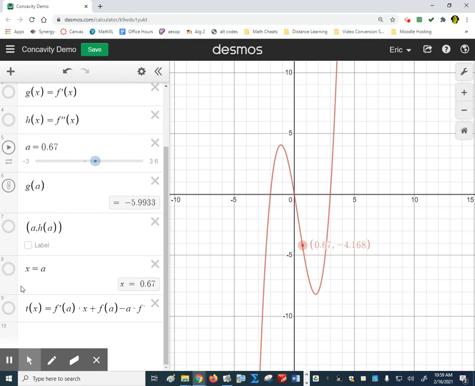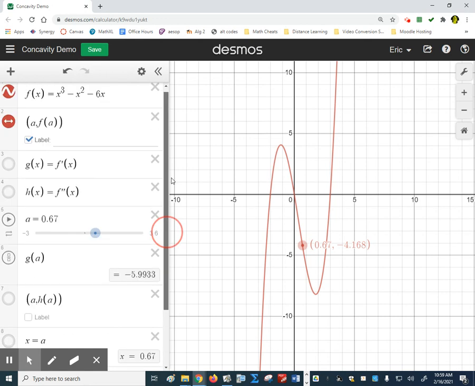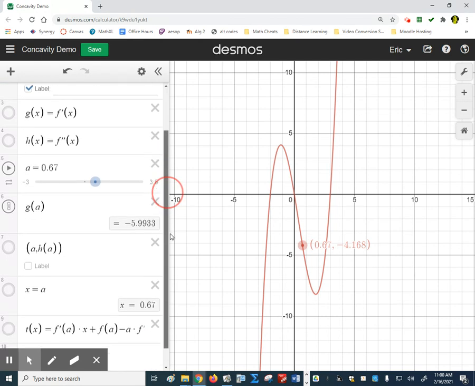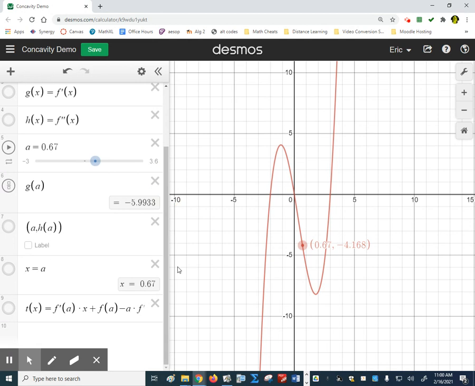I want you guys to look at two things here. g of x is the derivative of the function, and h of x is the second derivative of the function. Okay, I want you to think here for a second.